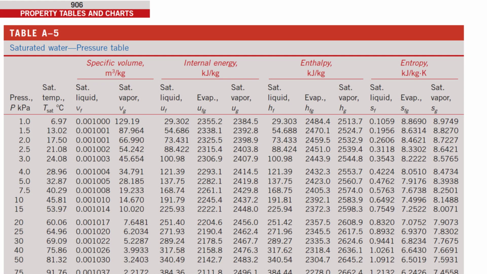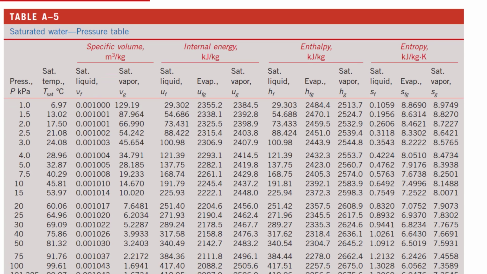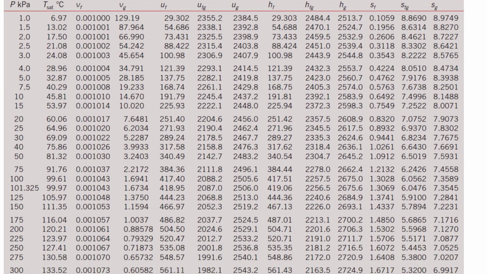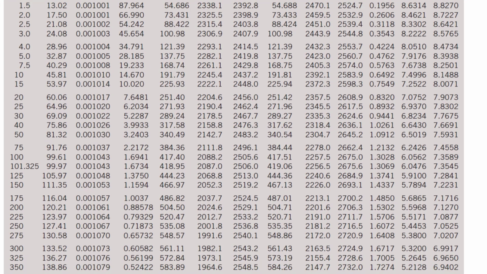Okay, as you can see here are the tables, and let's scroll down a bit to find the 300 kilopascals. Here are the 300 kilopascals, as you can see, highlighted.